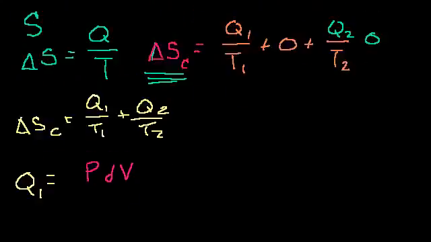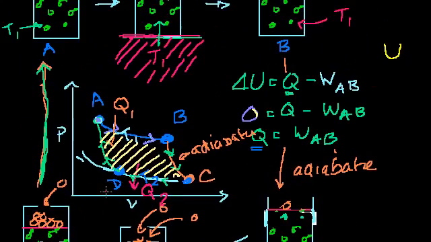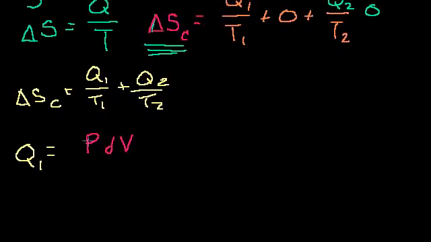This dV is this little change in volume times pressure. That makes a little rectangle, and then we sum up all the rectangles from our initial volume, VA, to our final volume, VB.